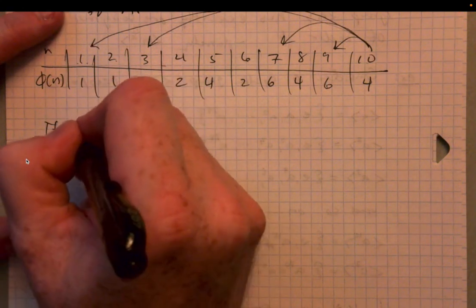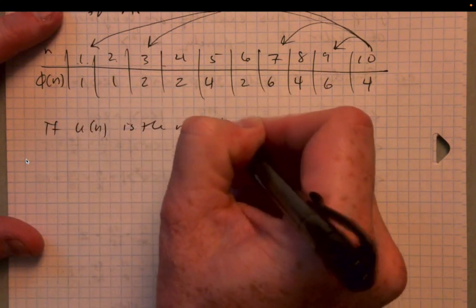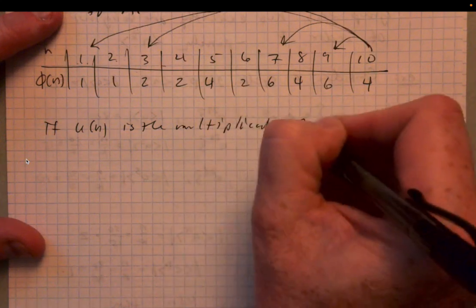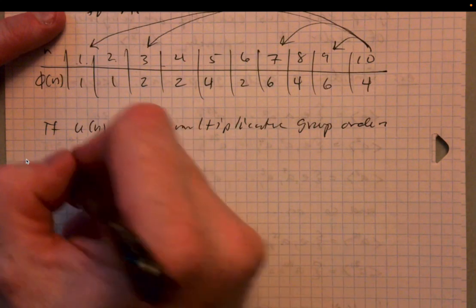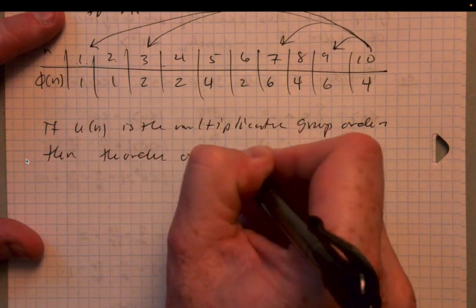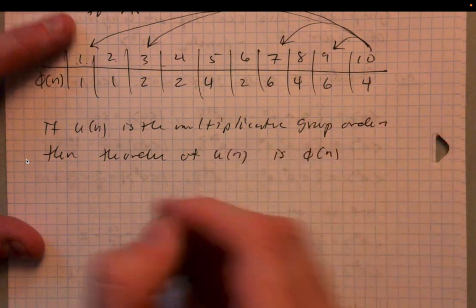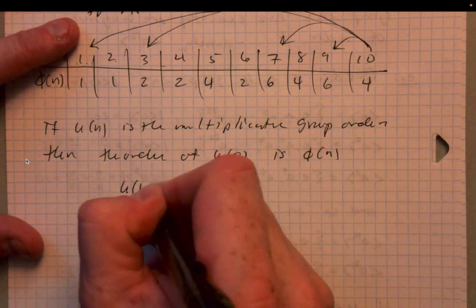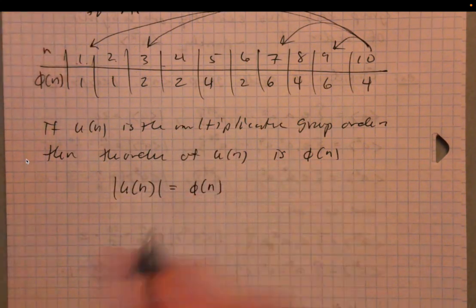if U(n) is the multiplicative group of order n, then the order of U(n) is phi(n). I'm not going to go through that derivation, but I think you can think this through and figure this out.